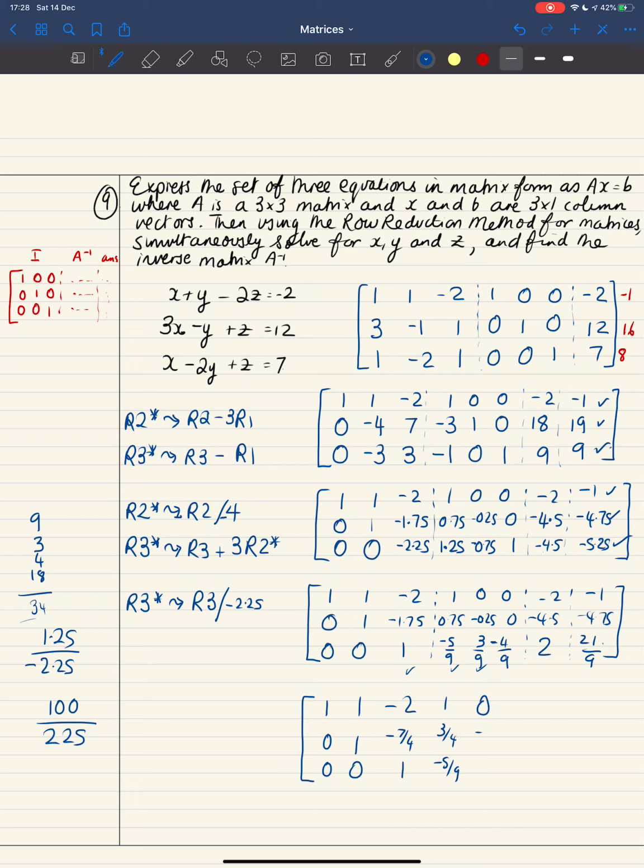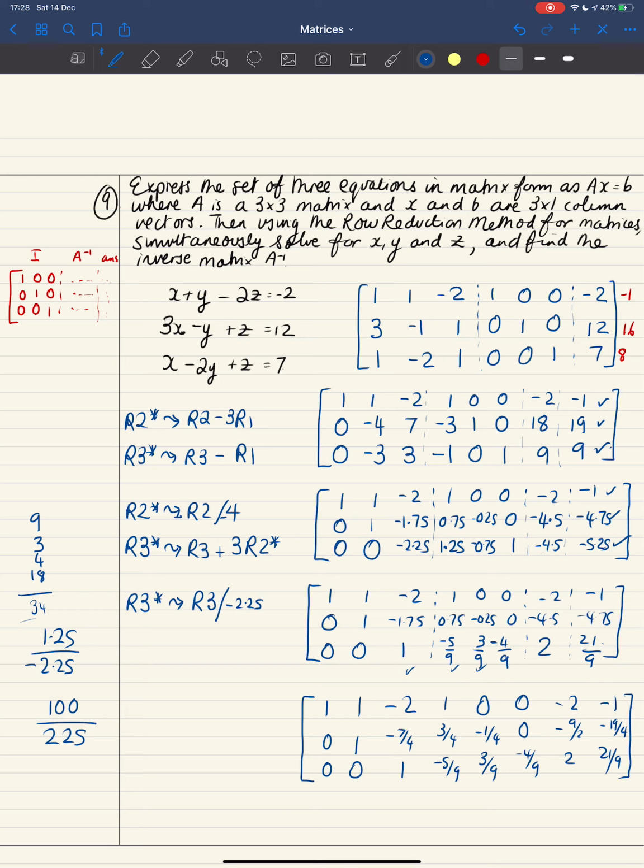This is going to be 0, minus a quarter, 3/9. 0, 0, minus 4/9, minus 2, minus 9/2, 2, minus 1. That's 16, 17, 18, 19. Minus 4, minus 5. Minus 8, minus 5.